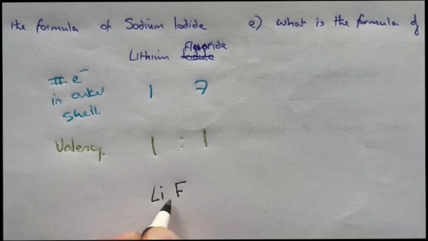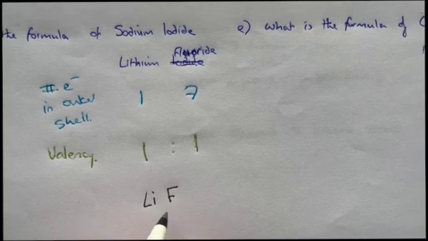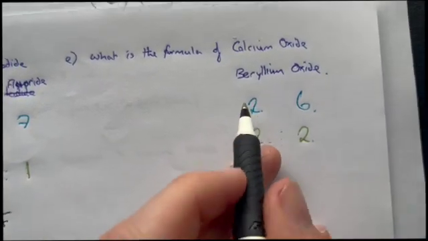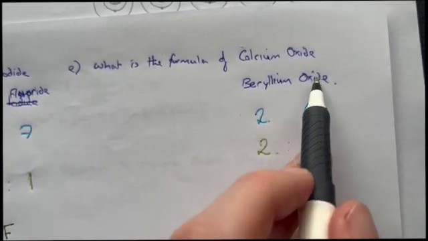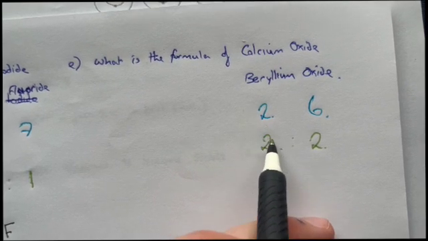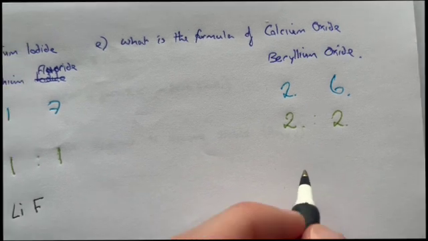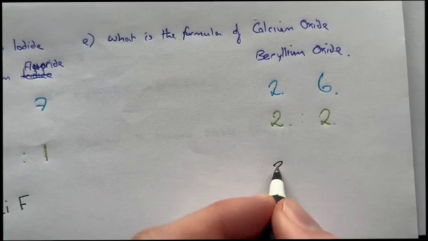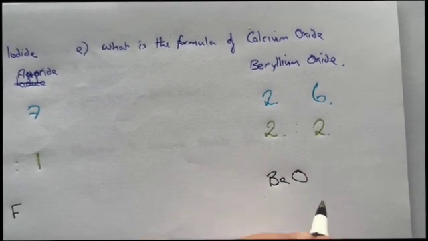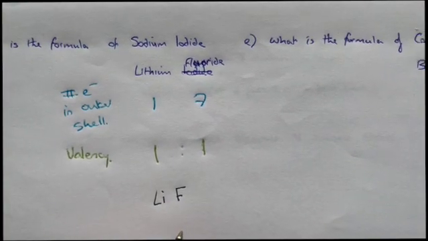Just as in algebra, you can imagine an invisible 1 underneath both of those. And likewise with the beryllium and the oxide, the beryllium is trying to lose 2 electrons and the oxygen is trying to gain 2 electrons. And so therefore it is BeO. So there are my 2 formulas for this.